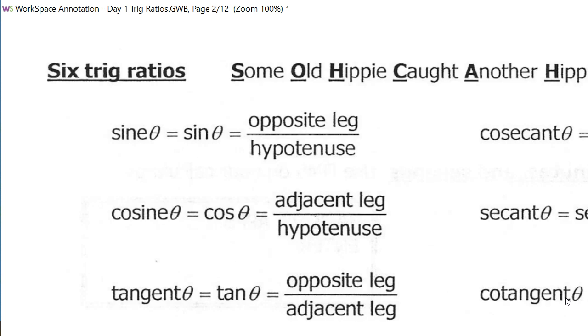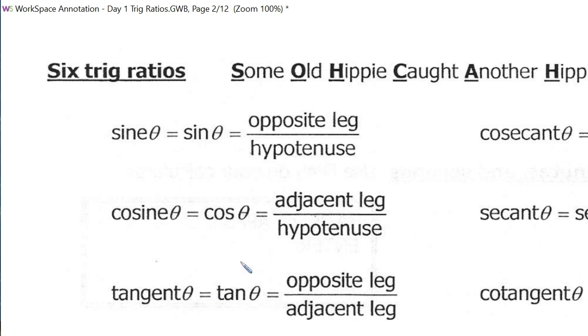Now, as far as sine, cosine, and tangent, most of you are familiar with SOHCAHTOA. And using that acronym SOHCAHTOA, what does the S stand for? Sine. And sine is opposite over hypotenuse, and here's that ratio here.